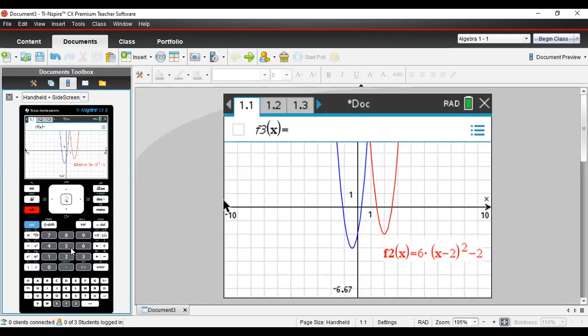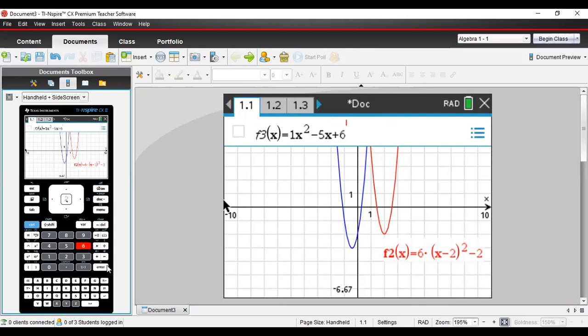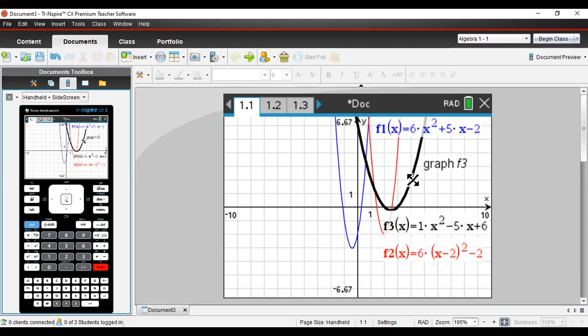So this is going to be 1x squared minus 5x plus 6. And then I press enter. All right, so that one's over here. So now I know which one the answer is. It's going to be the first one because that has the lowest minimum.